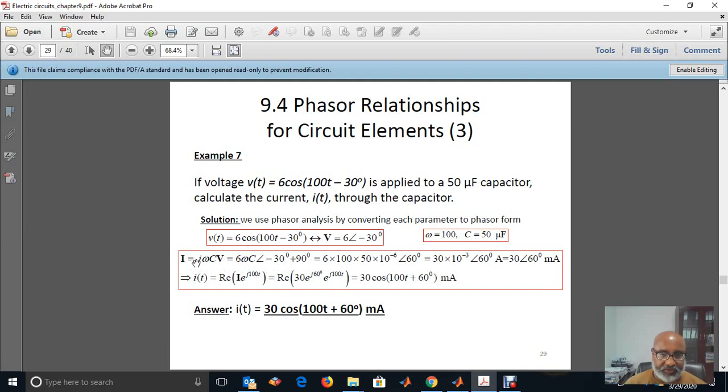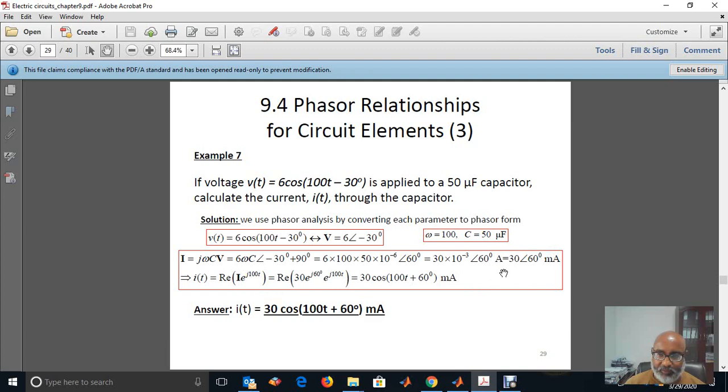Because for the j part, we need to add a phase of 90 degrees. Now it's a matter of substituting the numbers: 6 times 100 times 50 times 10 to the power of minus 6. So the current finally is 30 milliamps at an angle of 60 degrees. But this is in phasor form, so I need to change this to time domain.